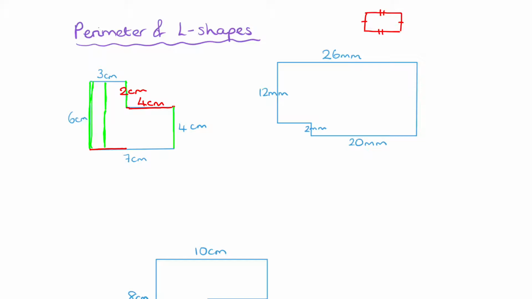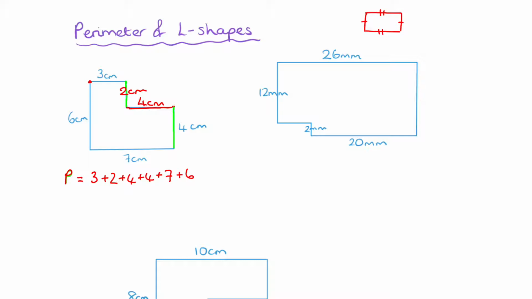Okay, so now what we've got is all our lengths on our L shape, so we can add them all up and find the perimeter. So let's choose a better colour. P equals, let's start here. So we've got 3, add 2, add 4, add 4, add 7, add 6.